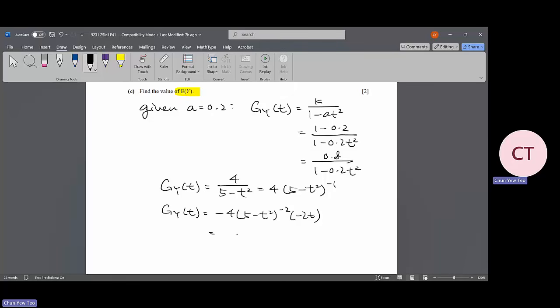So you will get 8t over 5 minus t squared, all squared. So your E(Y) will be equal to G prime of 1. So it will be 8 over 5 minus 1 squared, so it will be a half. Done. This will be the answer for number 6C.